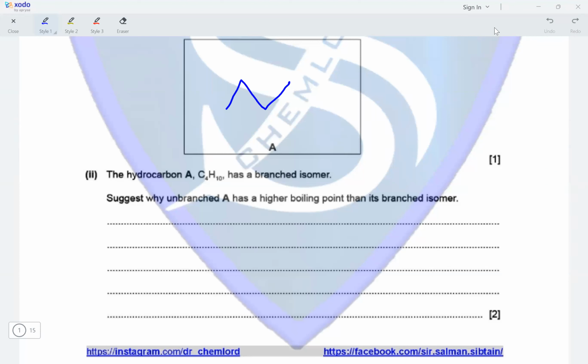The hydrocarbon A, C4H10, has a branched isomer. Suggest why unbranched A has a higher boiling point than its branched isomer.